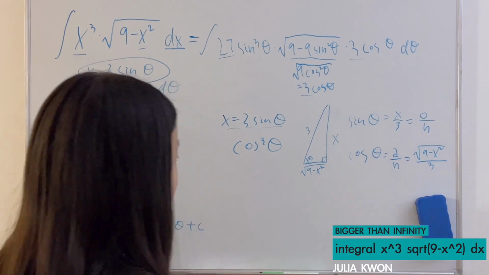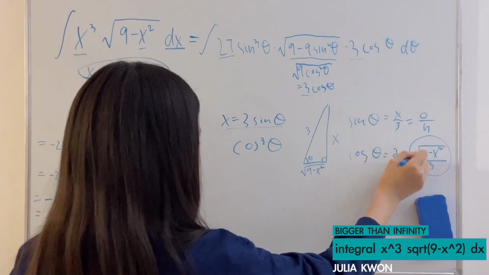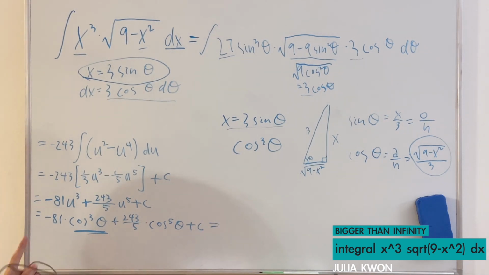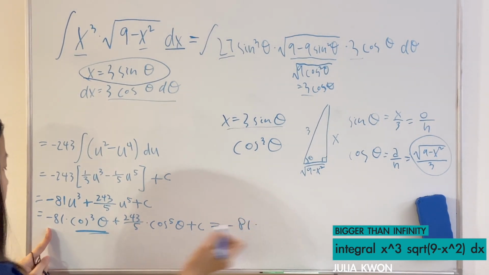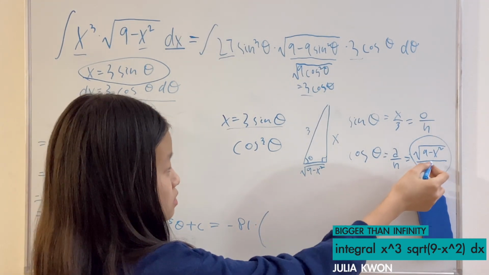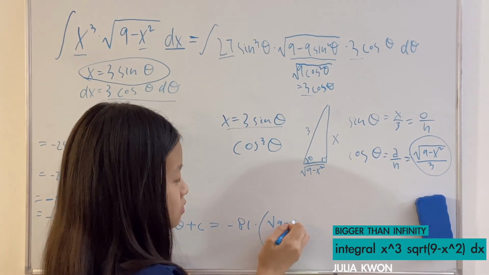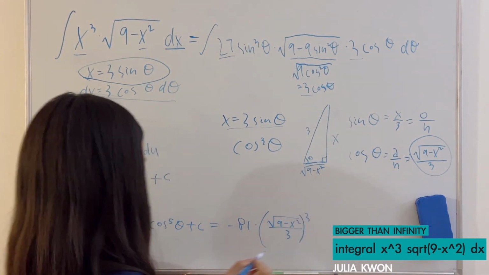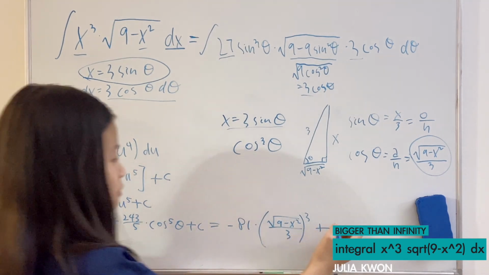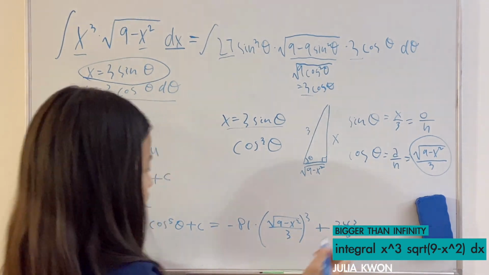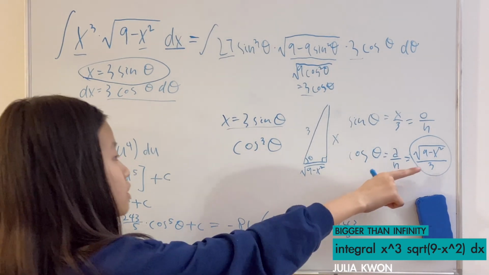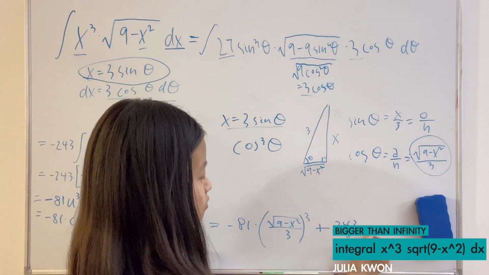So we can replace the cosine theta with this, but since we have it cubed, negative 81 times cosine cubed theta is equal to this cubed, plus 243 divided by 5 times cosine to the power 5, which would be this to the power 5.